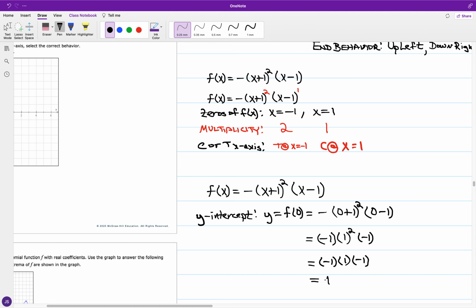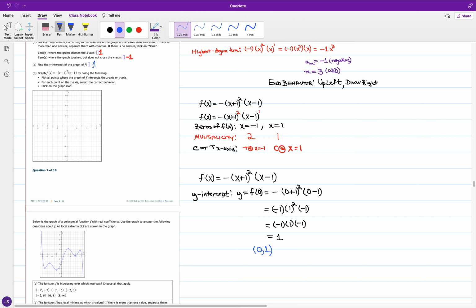So your y-intercept is at y equal to 1, or as an ordered pair, 0, 1: 0 for x and 1 for y. And looking at the graph, the y-intercept is going to be at y equal to 1.